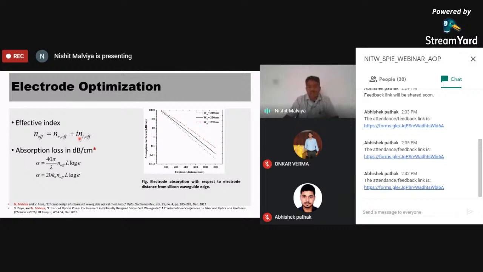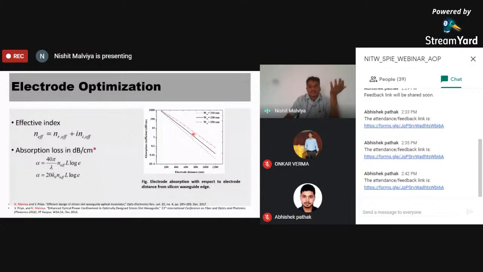So when we find the imaginary part of the effective index, on the basis of the absorption we can optimize our electrode distances. When we increase the distance, as usual the absorption loss decreases, so we can find the trade-off point where we can put electrodes in an optical modulator.